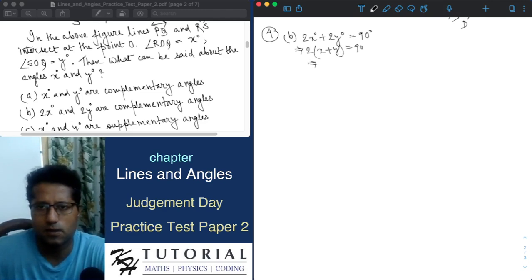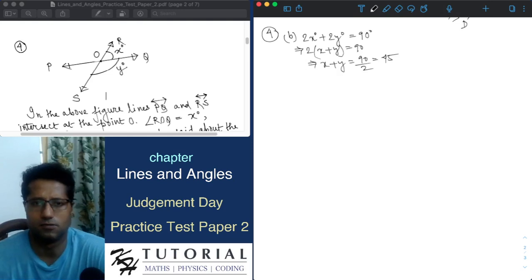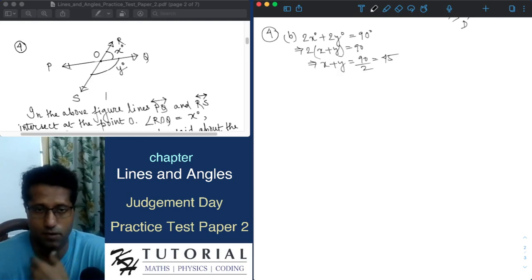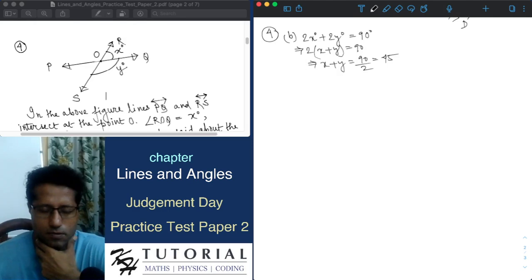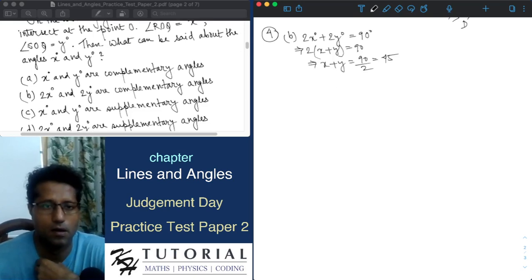This implies x plus y equals 90 by 2, equals 45. No, this is false, because we clearly know x plus y will be supplementary, because x and y are a linear pair of angles, and the sum of a linear pair of angles is always 180 degrees. So A and B are definitely not true, they are false.